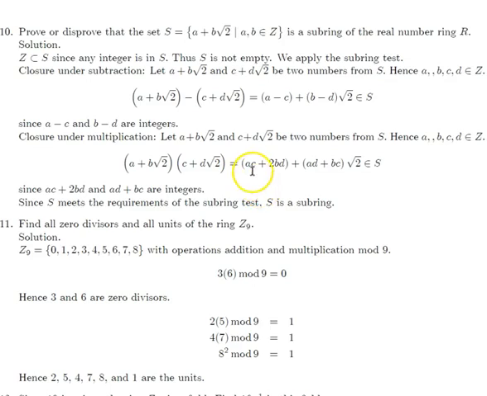Again, since A, B, C, D are integers, the number in this parenthesis is an integer, and this number here in the second parenthesis is an integer, which means that this sum belongs to S. So S meets the requirements of the subring test, and for that reason, S is a subring of the real number ring.